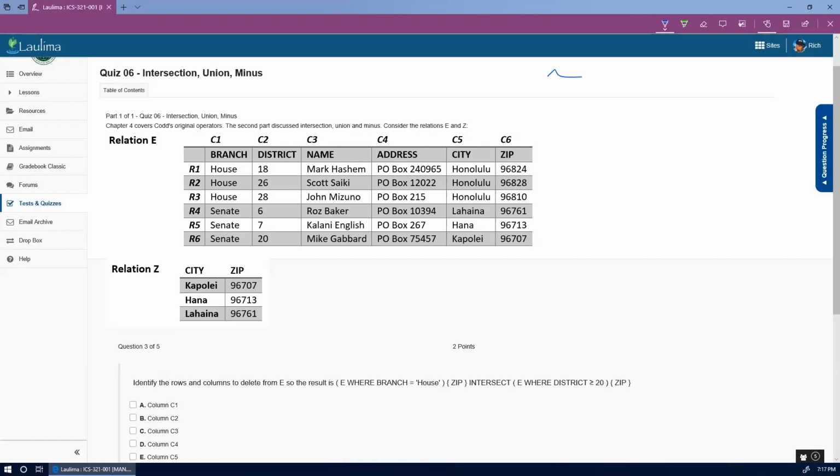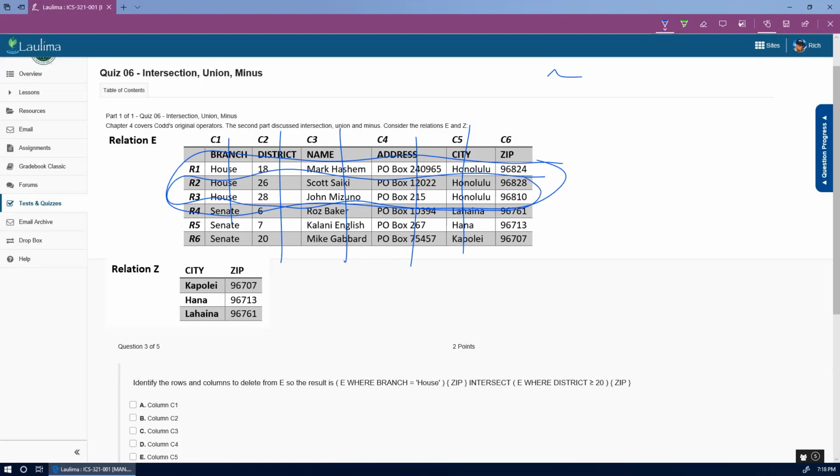Well, first of all, we're just talking about zip codes, so we can get rid of this, this, this, this, and this. And we want branch is equal to house, so that would be these, the top ones. And district is greater than or equal to 20, which means these. So these are the ones that are in common with both.